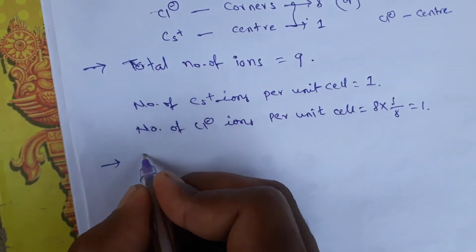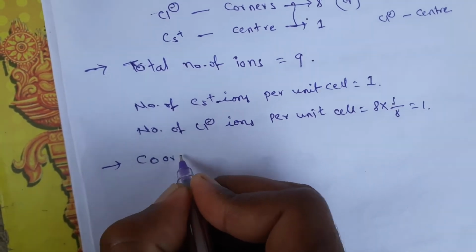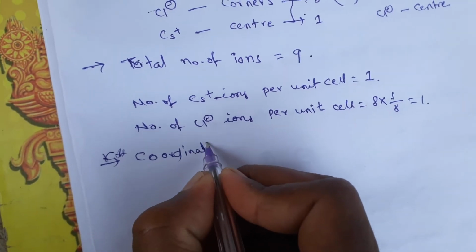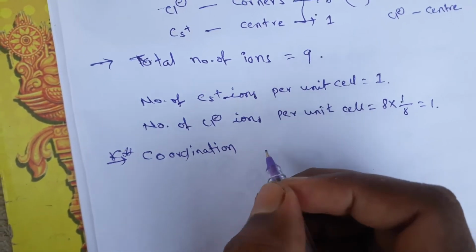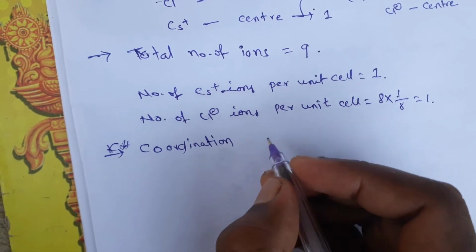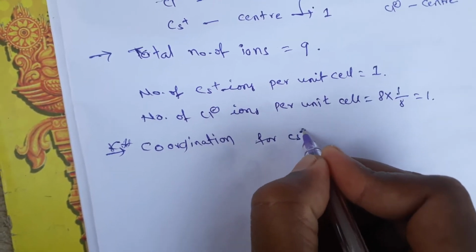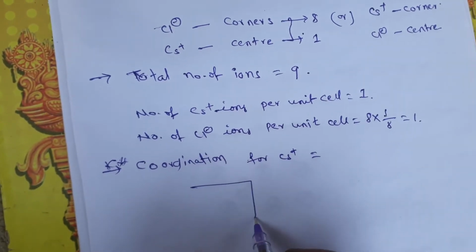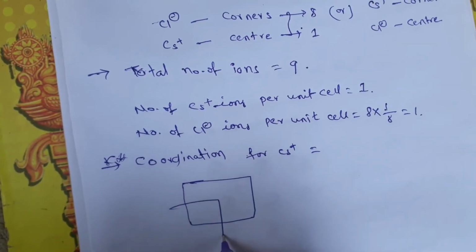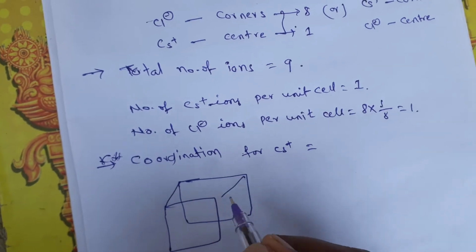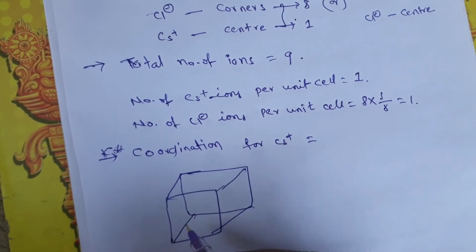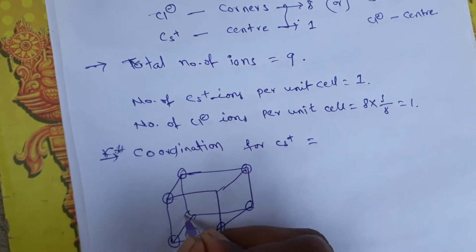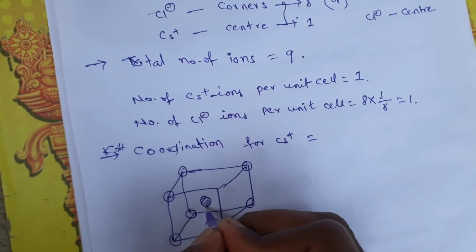Next thing is coordination number. The important thing is the number of neighboring atoms present for Cs plus. If you imagine this is the cube, 8 atoms are present at the corners, and the center is 1 atom.